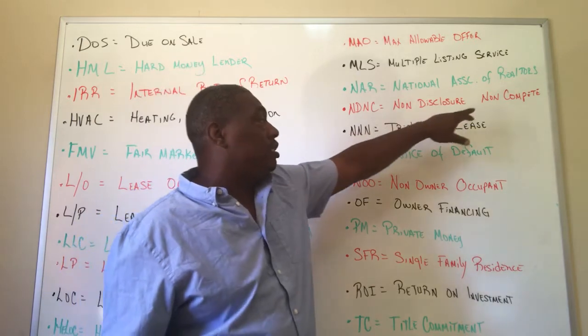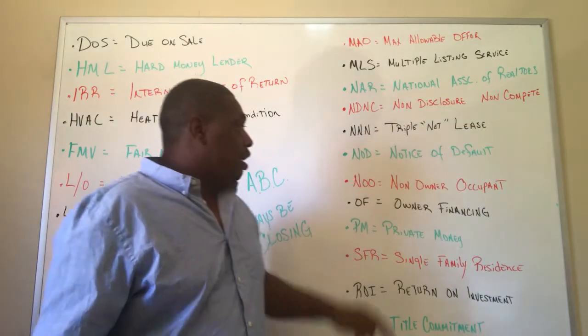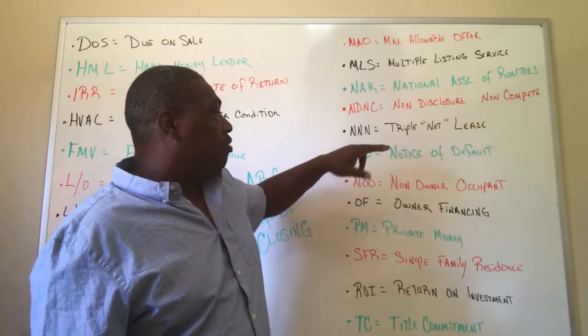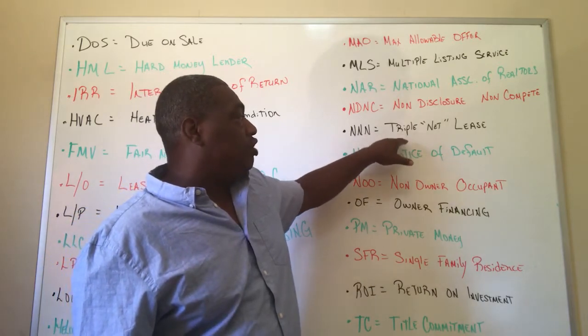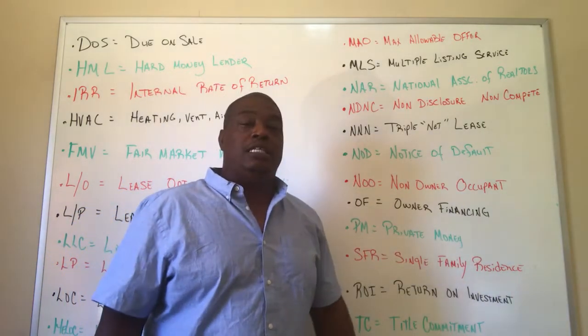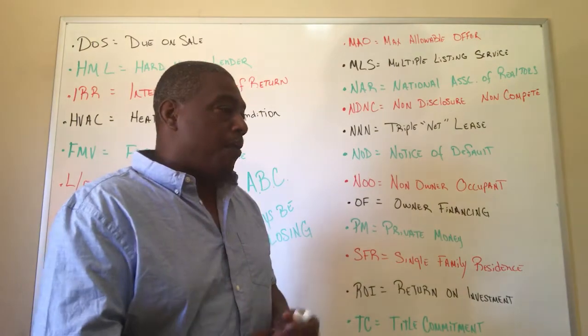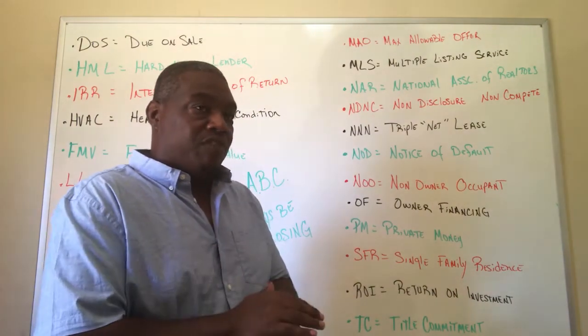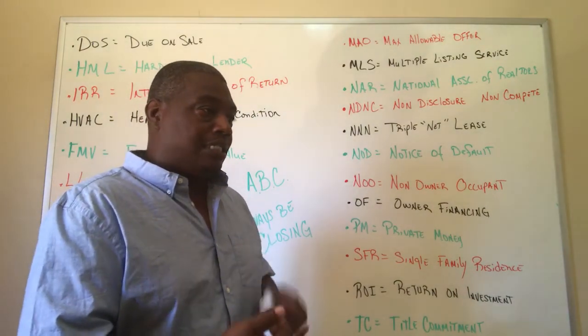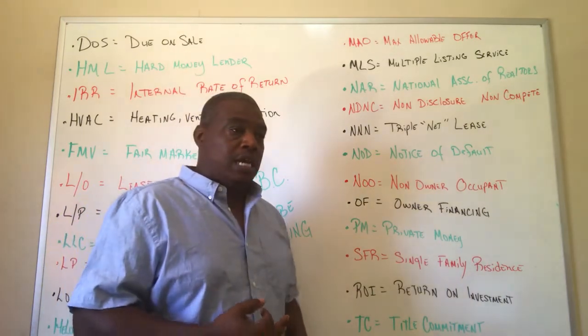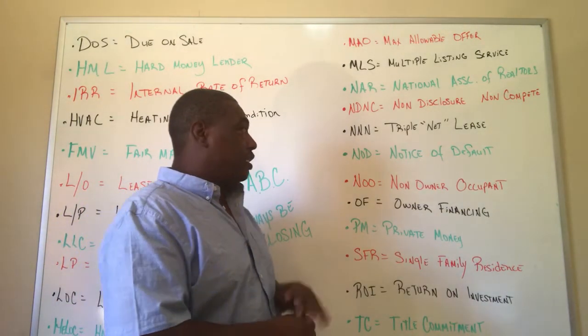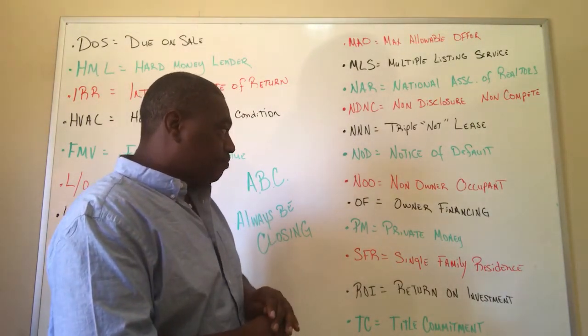NDNC, non-disclosure, non-compete. You have NNN, which is called triple net. This is a triple net lease. This is mainly used in commercial. That way you have to pay everything. You have to pay your rent, the taxes, and insurance, and all of the utilities on the property.